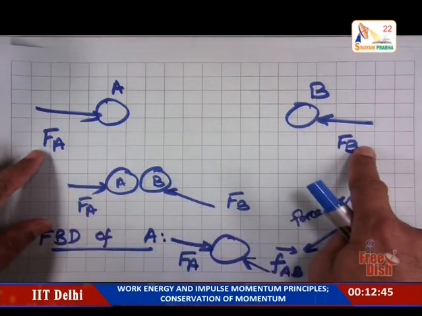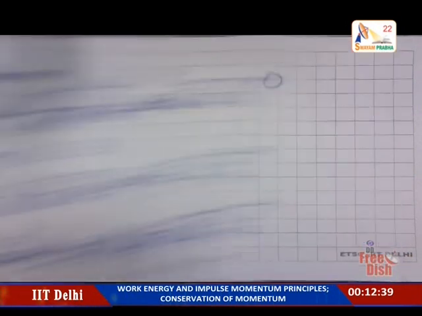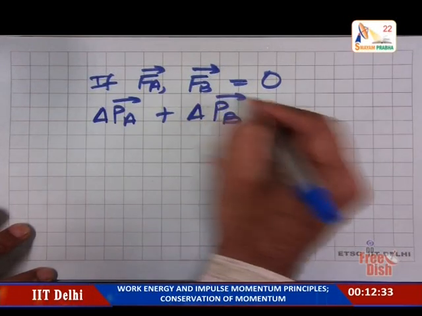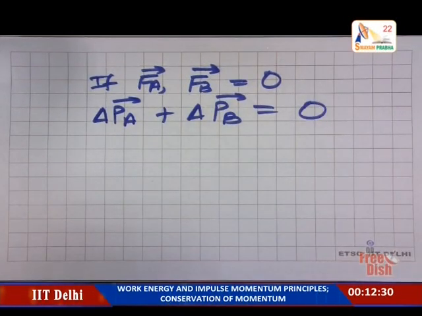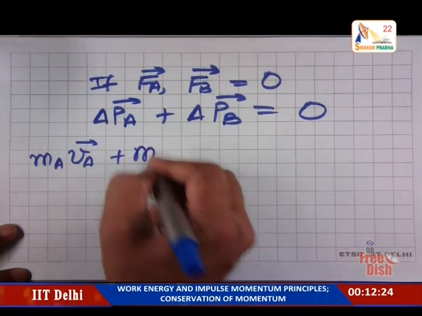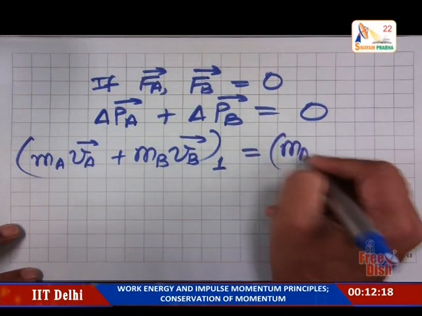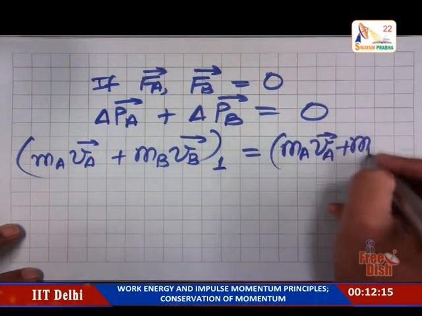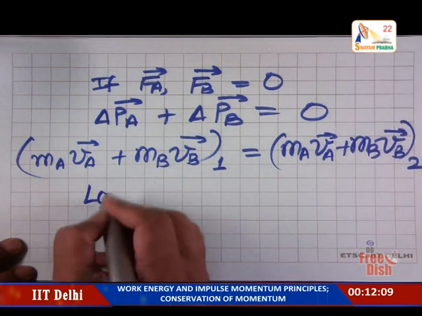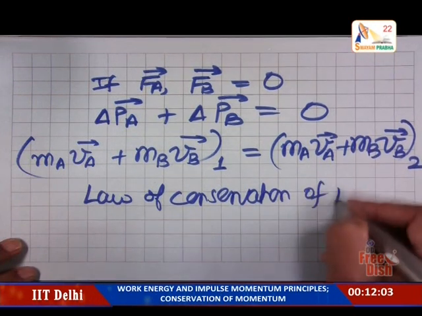If Fa plus Fb is equal to 0, so if these forces are equal to 0, then the change in momentum of particle A plus change in momentum of particle B is equal to 0, and this I can write as ma Va plus mb Vb at state 1 is equal to ma Va plus mb Vb at state 2, and this is what we call the law of conservation of momentum.